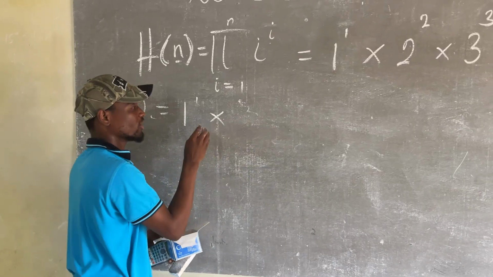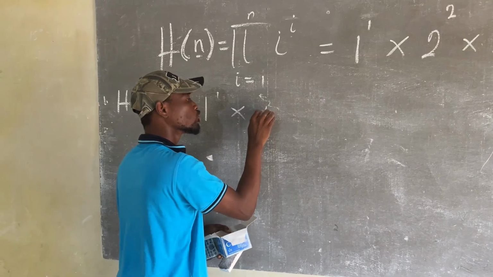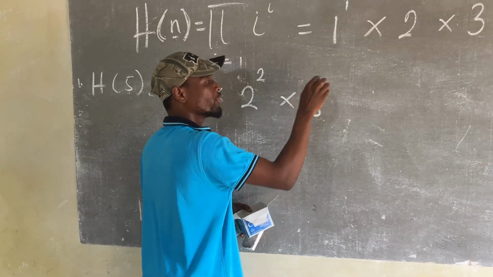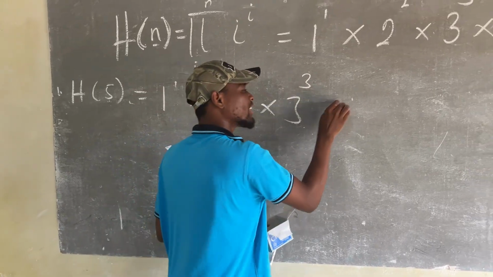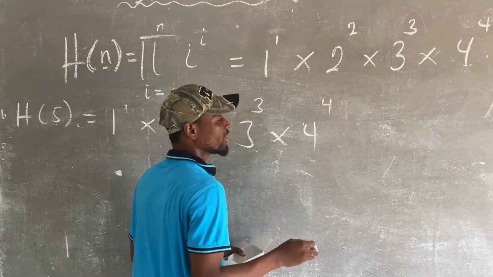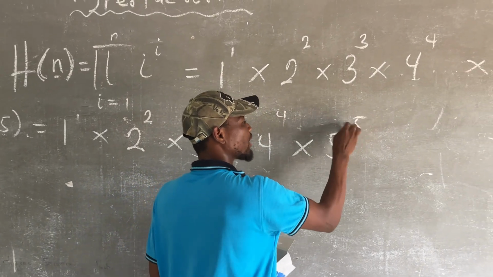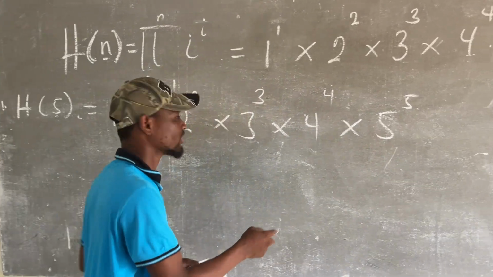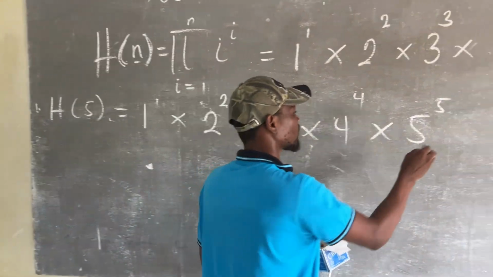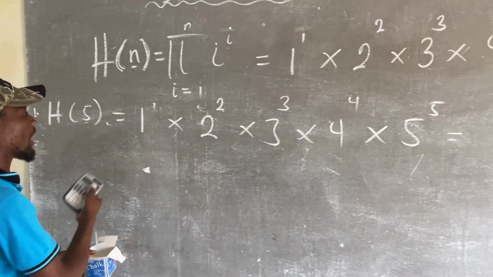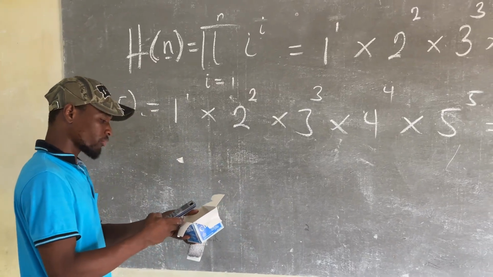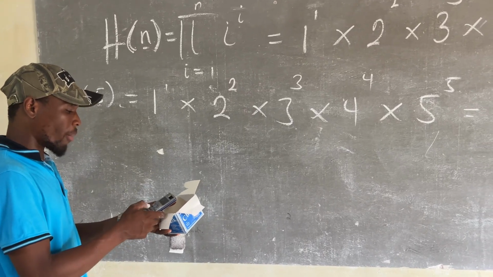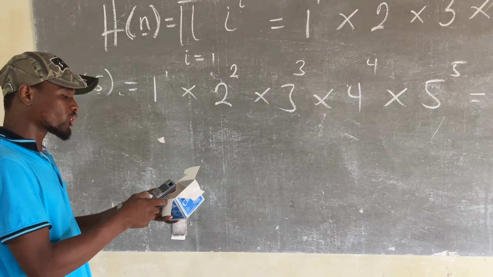So in the ascending order, what will be my next number after 1? 2, right? So 2 raised to the power 2, then times 3 raised to the power 3, times 4 raised to the power 4, then times 5 raised to the power 5.